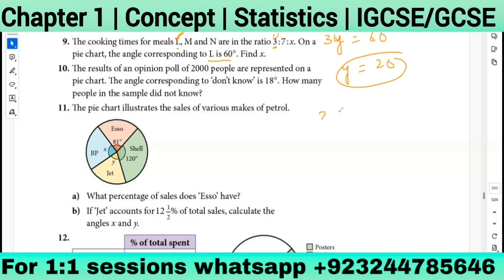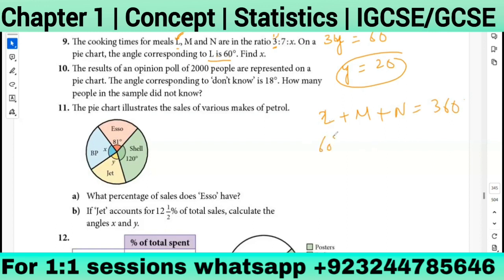Miss, but this is not equal to the whole 360, so why do we divide by it? Okay, the total is equal to 360. L plus M plus N is equal to 360. So what is L?